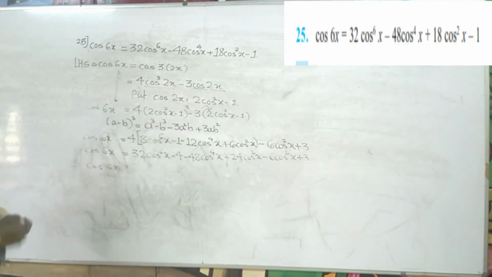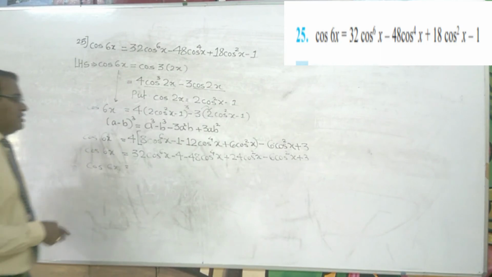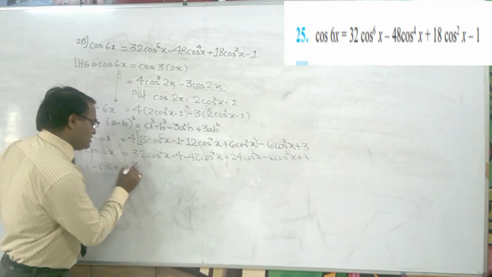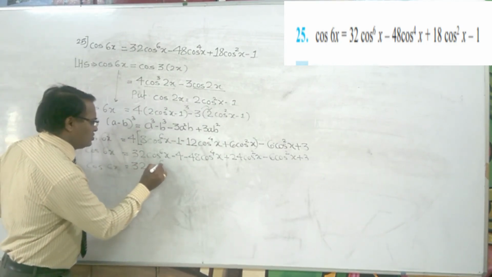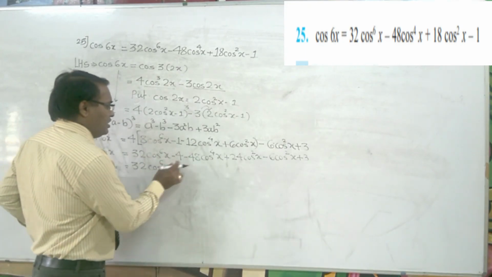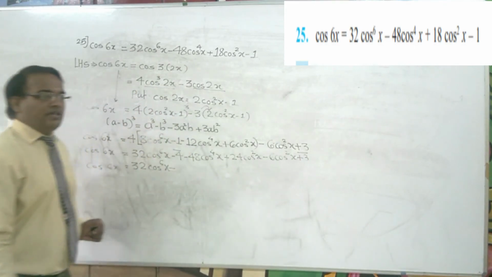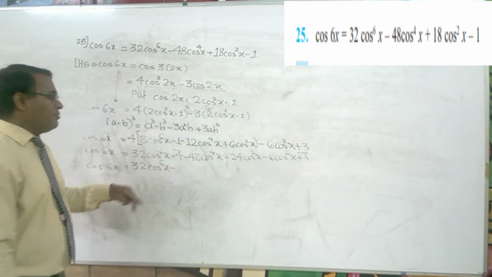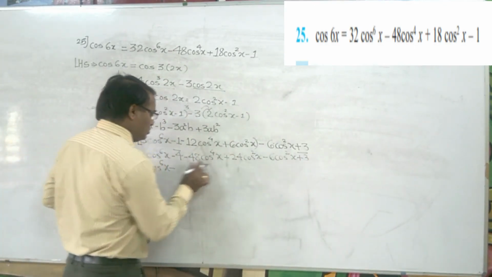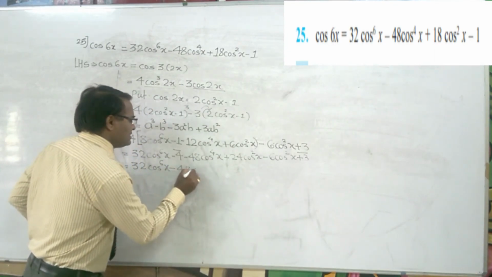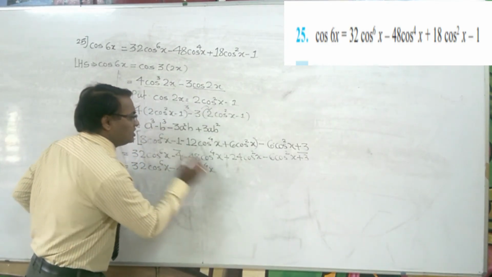So at the final end, this term will be as it is, so 32 cos raised to 6x. Now the cos raised to 4 term we will write as it is, because there is no other like term.